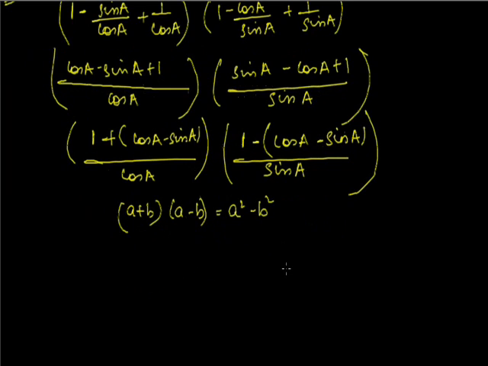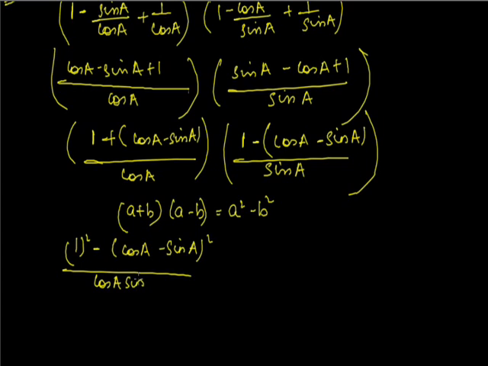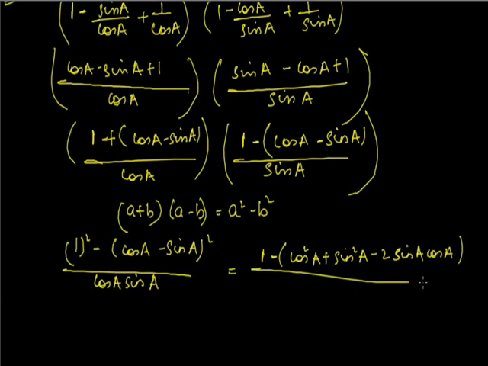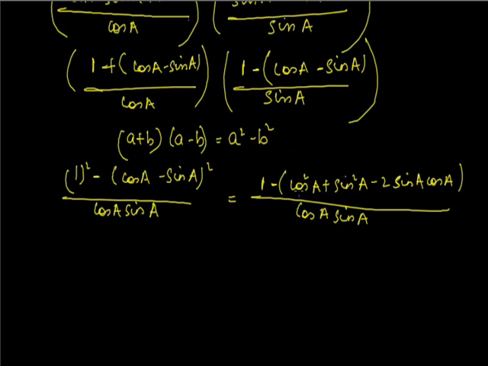So following this identity, I can write it as 1 square minus (cos A minus sin A) whole square upon cos A sin A. By elaborating, I'll be getting 1 minus cos square A plus sin square A minus 2 sin A cos A upon cos A sin A. By opening the brackets, I'll be getting cos square A plus sin square A as 1.